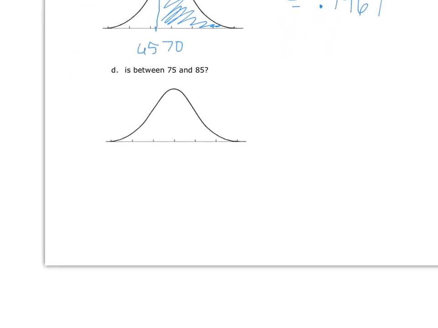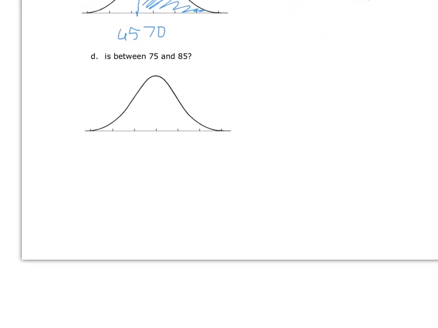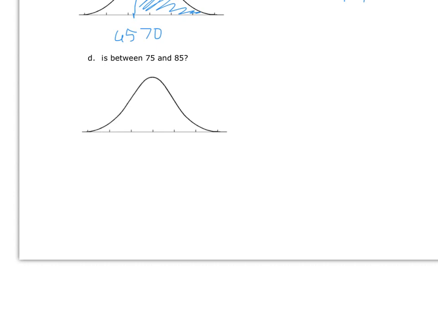Okay, let's look at the probability that x is between 75 and 80. So exam scores are between 75 and 80. The probability statement: probability 75 less than x less than 85.